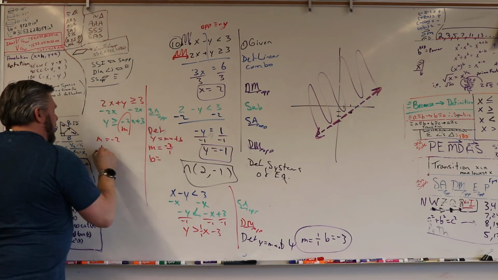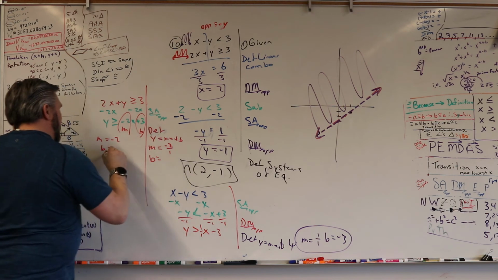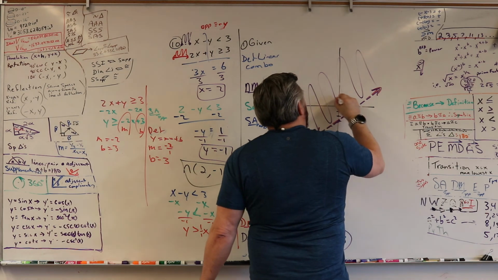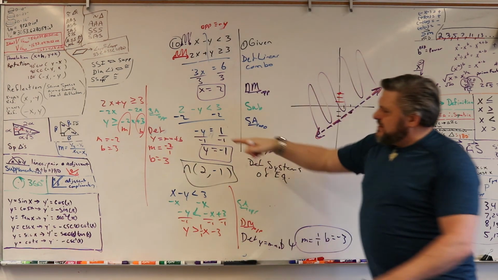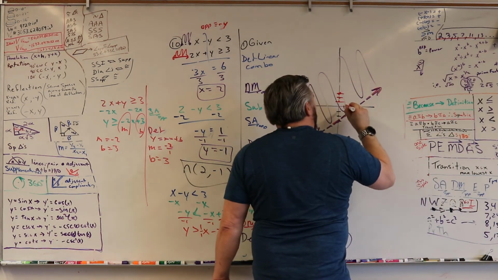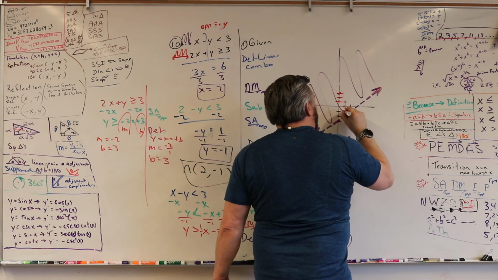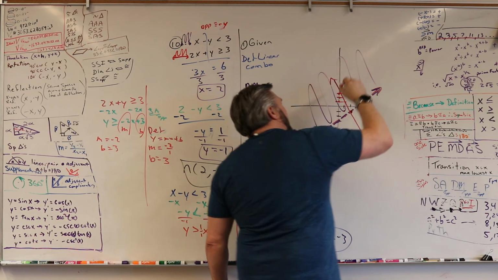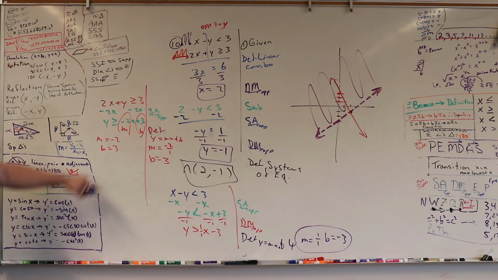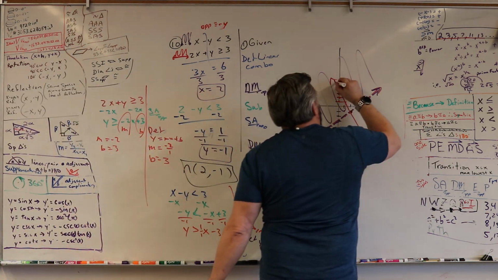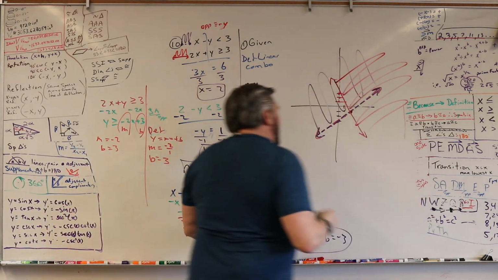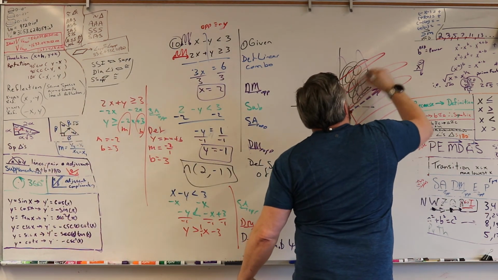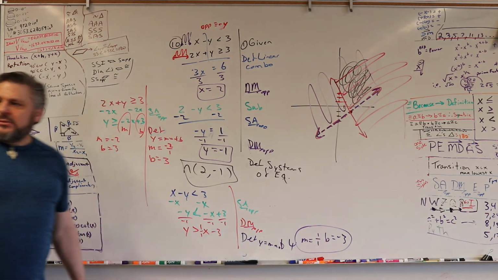And b is 3, right? So where is b? 1, 2, 3. And it is negative 2, down 2 over 1. Down 2 over 1. And look at that. It goes right through that same point. We said it was a solid line and it was shaded up. So that means that everything in here is your answer. Okay?